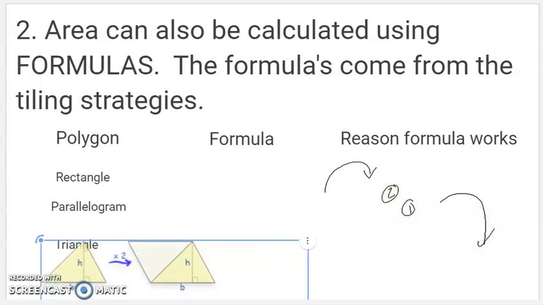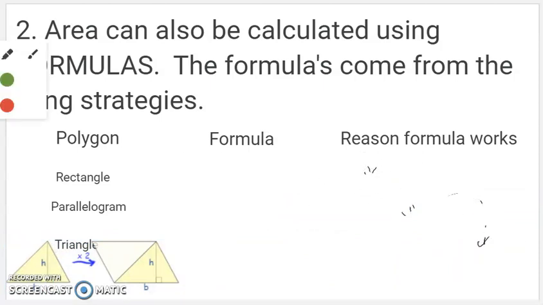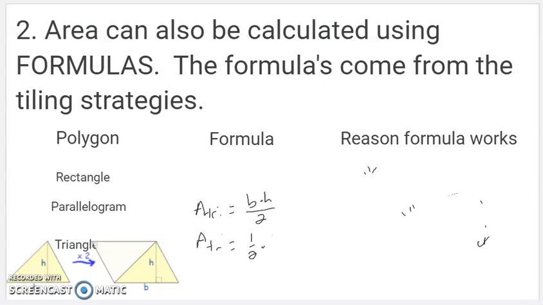And then again, I'm going to move that out of the way so I have room to write the formula and why it works. So for a triangle, the formula is area of a triangle equals, I use base times height divided by 2. Often your math teachers will use area of a triangle is 1/2 times the base times the height.